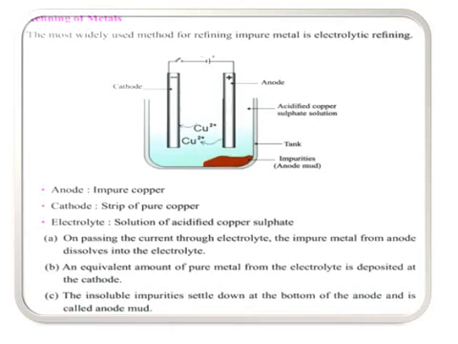Example, in the electrolytic refining of crude copper, the anode is impure copper, whereas the cathode is a strip of pure copper. The electrolyte is a solution of acidified copper sulfate. On passing electric current, the pure copper is deposited on the cathode.